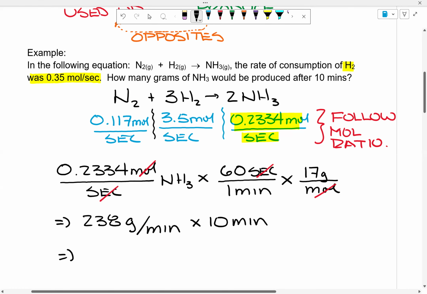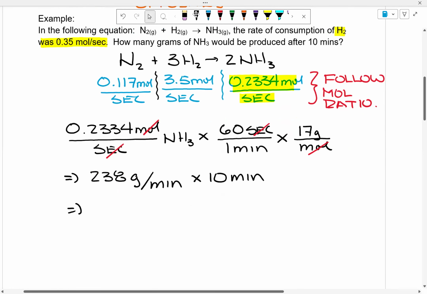So that would give me, in this particular case, 2,380 grams produced in 10 minutes.